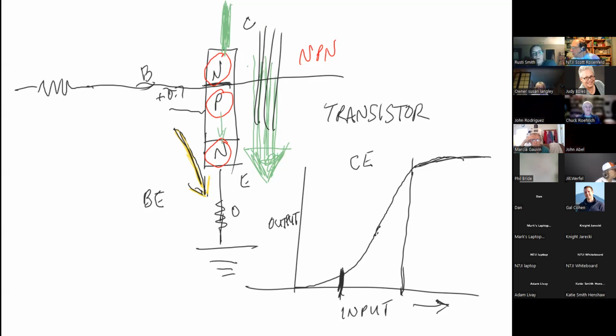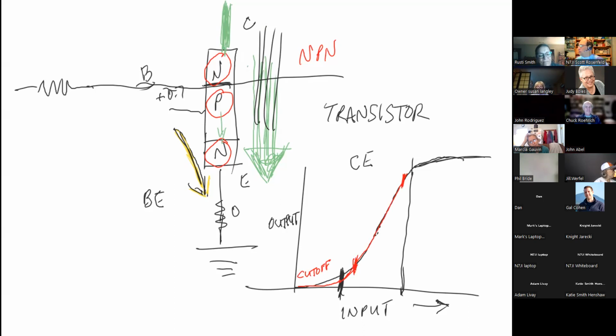But notice that we have 3 distinctly different regions of operation. This one's called cutoff, when the transistor doesn't work. And really, it's very flat. And then it suddenly starts working. So how about this thing right here? In between, let's say, here and here, what does that look like?